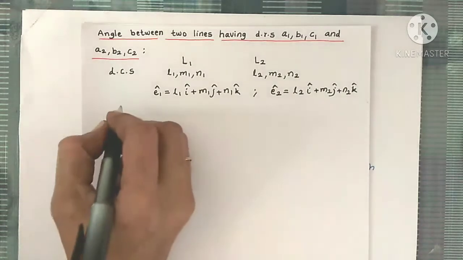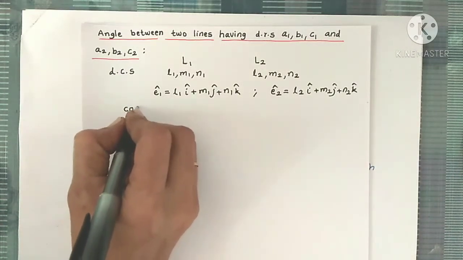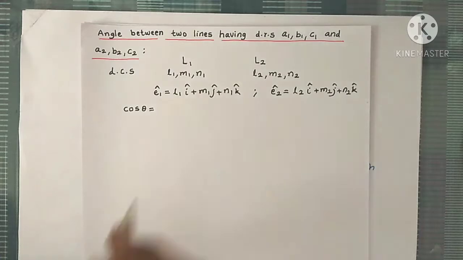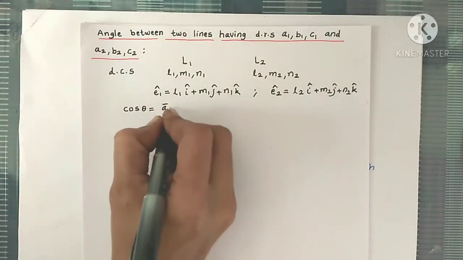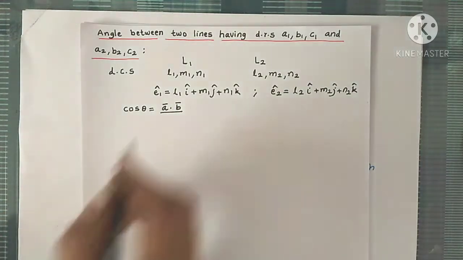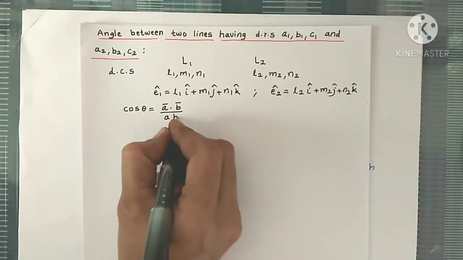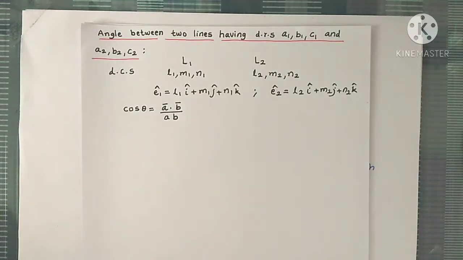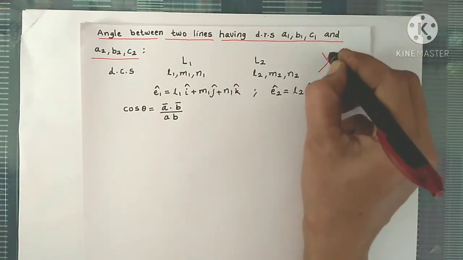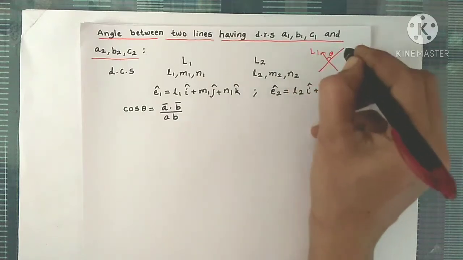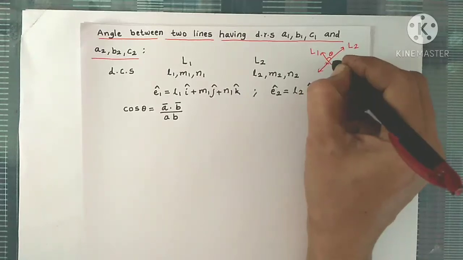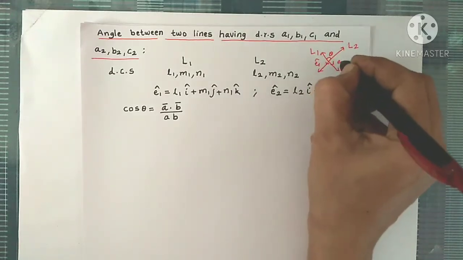We know that cos theta equals A bar dot B bar upon modulus of AB, by the definition of dot product. A bar dot B bar divided by AB, where AB means modulus of A bar and modulus of B bar. So if theta is the angle between the lines L1 and L2, it is the same angle as between the unit vectors E1 cap and E2 cap.